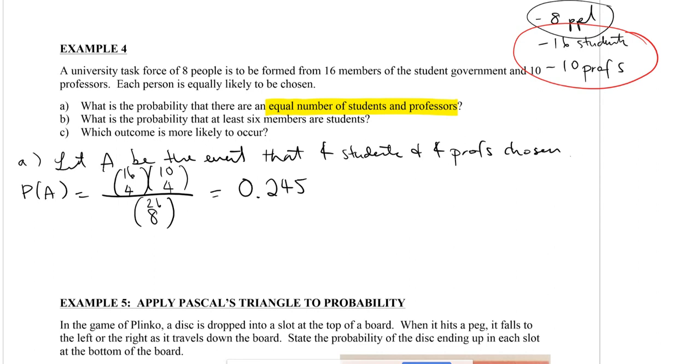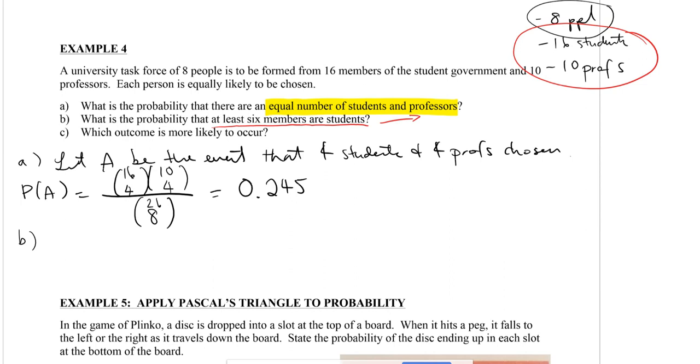Okay, and for part B, what is the probability that at least 6 members are students? Okay, so we have looked at this a lot when we were doing 3.3. What does at least mean? So we are going to spell that out explicitly.